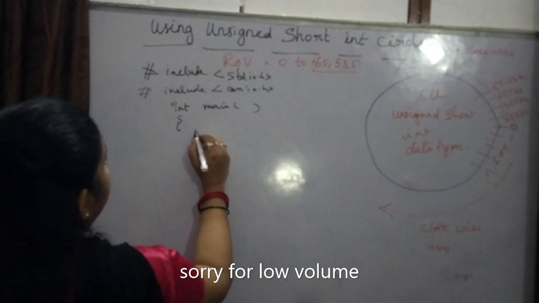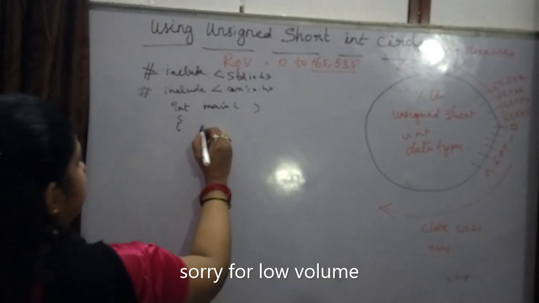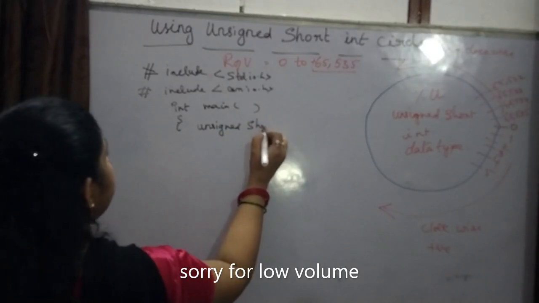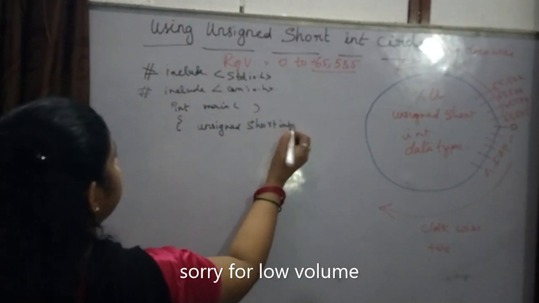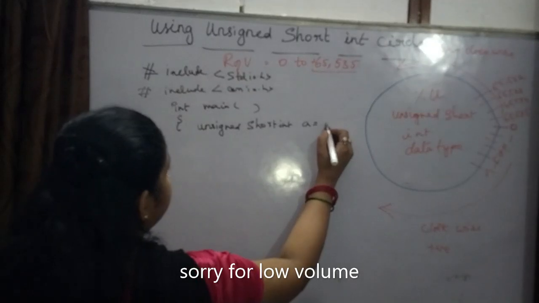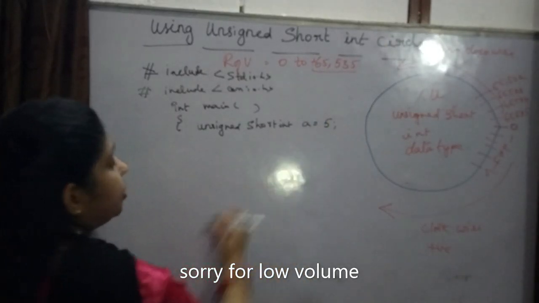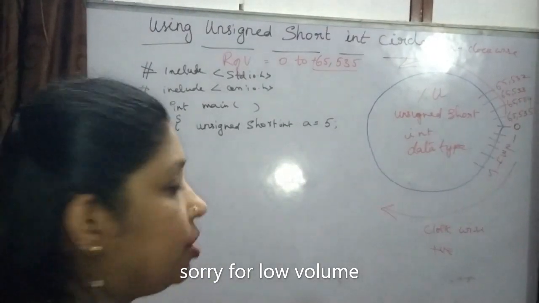Now I am declaring a variable here, unsigned short int a = 5. Positive I am giving. If I don't write a sign, you should think that it is a positive value.